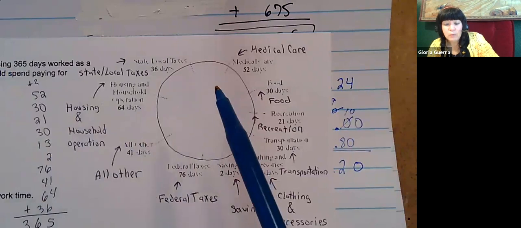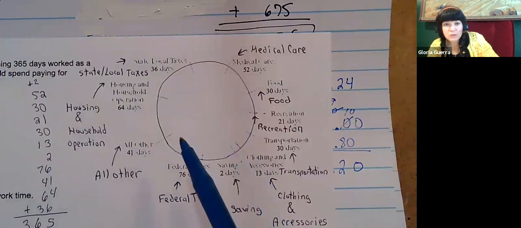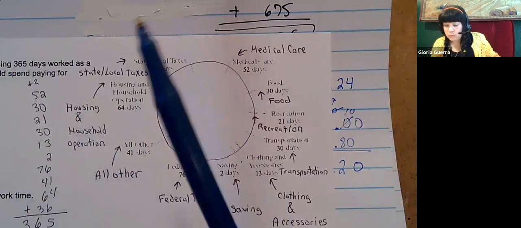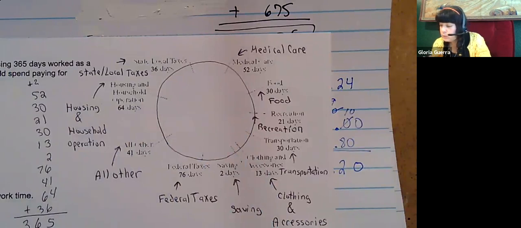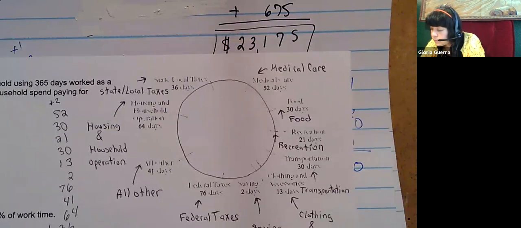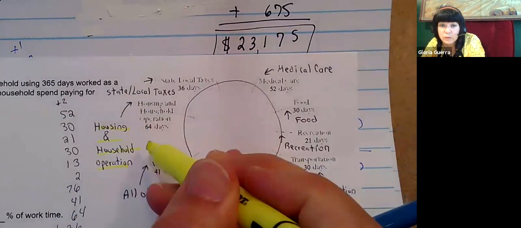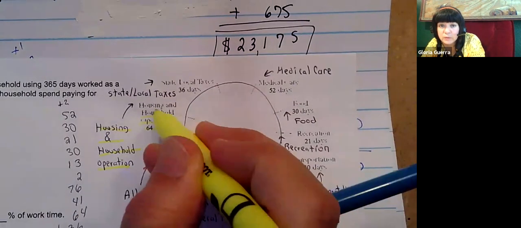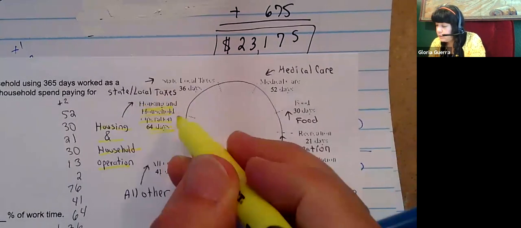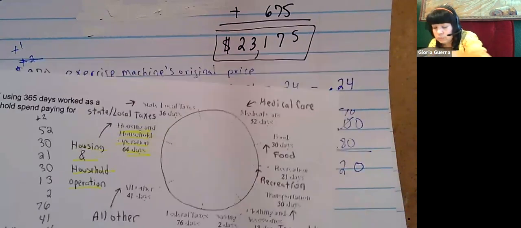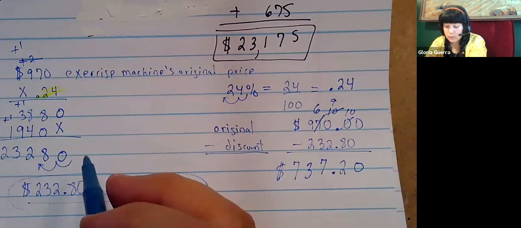Okay, now we want the part about the household, so we actually want this percentage right here, housing and household operation, which is reflective of the 64 days. Then on my paper, this is what I'm going to write.